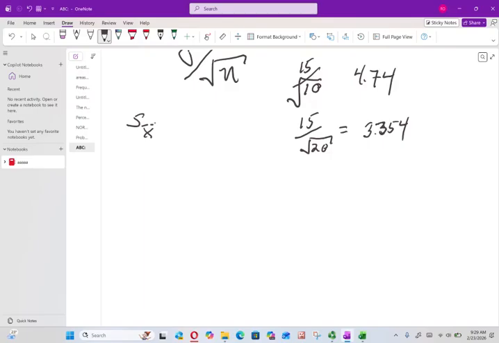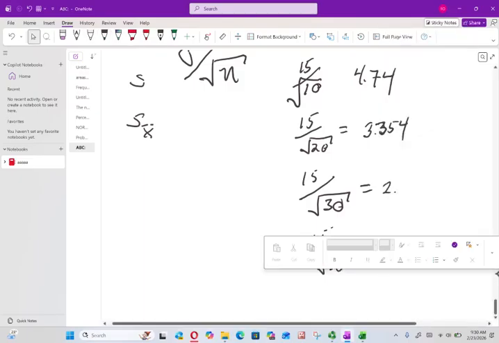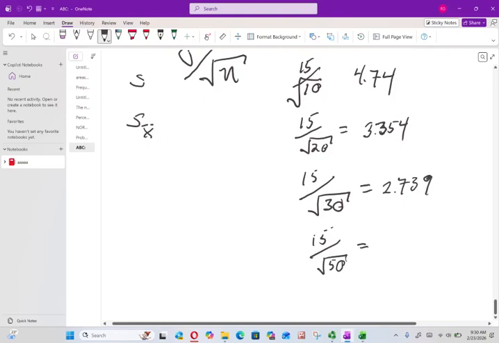Instead of just S for standard deviation, the standard deviation of sample means is called the standard error, to make a distinction between that and the standard deviation. The bigger the sample size, the smaller the standard error becomes. So for 30, it is 2.739. And the decimals are pretty arbitrary.